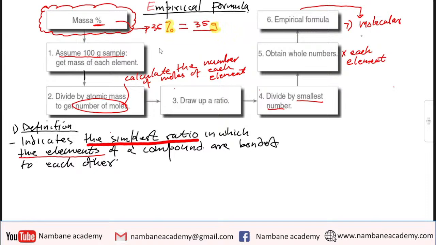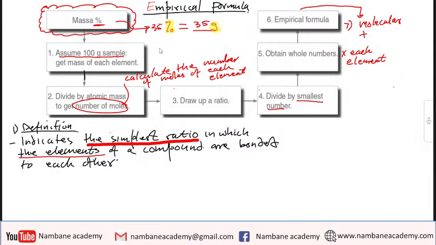Ladies and gentlemen, the multiplier is the number that we get that is going to tell us the actual molecular formula of this substance. Remember, the empirical formula indicates the simplest ratio. The molecular formula indicates the actual existence of the substances or of the molecular formula itself.